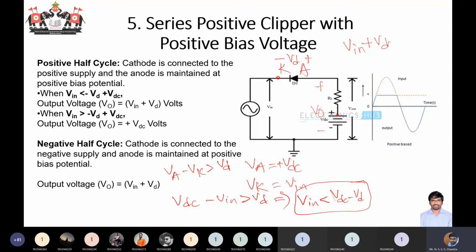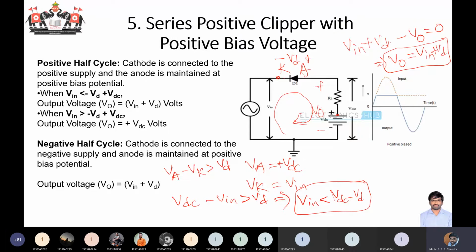When we are moving from positive terminal to negative terminal, it is a drop in voltage, so it is minus V naught. So we have completed the loop equal to 0. So it implies V naught should be equal to VIN plus Vd when the diode is conducting, or it's in the on condition. If the diode is in off condition, then it's an open circuit.